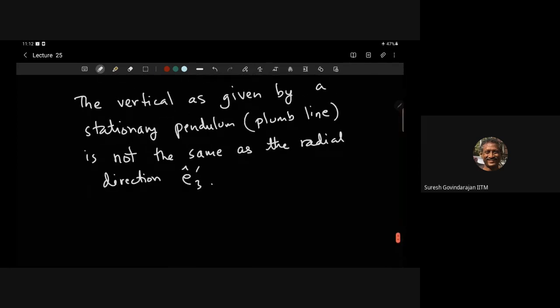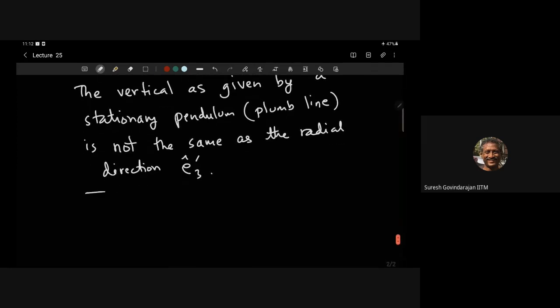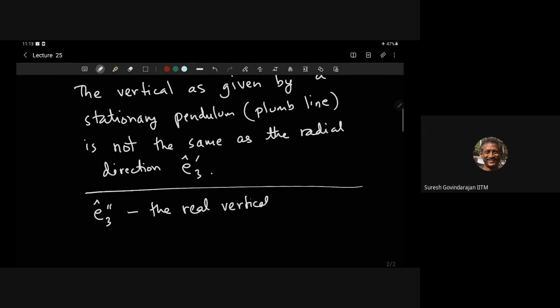So we could proceed as follows. You can be very precise, and we can define E3 double prime to be the real vertical. If you want a formula for it, it will be cosine theta t E3 prime plus sine theta t E1 prime.